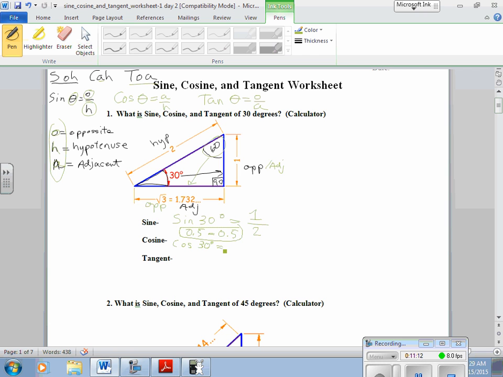Cosine of 30, cosine is what? A over H. So what number is adjacent? Now we're not going to use 1.732. We're going to use the square root of 3. Okay.